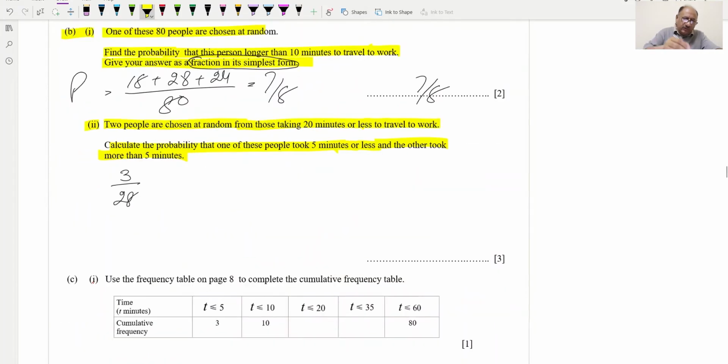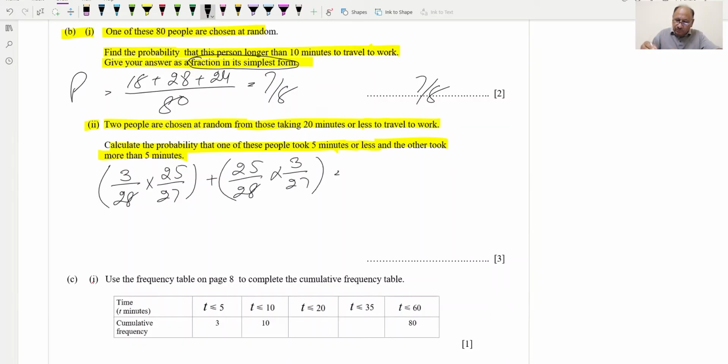So the other one will be 25 out of one less, because we have already taken, and the other option will be first we will take 25 over 28 and the second we are taking 3 over 27.